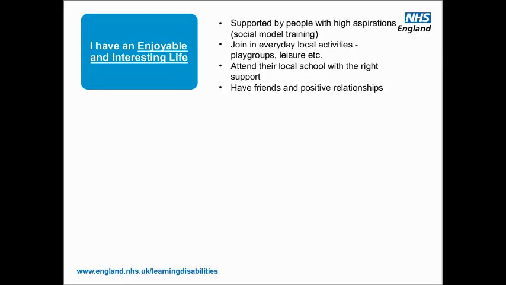So here we're talking about developing training programmes that are co-produced with parents and with families to make sure that practitioners across health, social care and education have those high aspirations. So have aspirations that children and young people will live successful lives in their community, that they'll make friends, that they'll live at home, that they'll go to their local school, and that they'll go on to get a job.